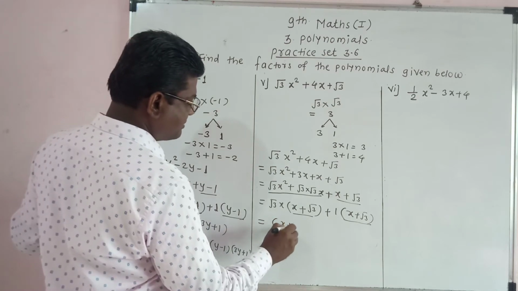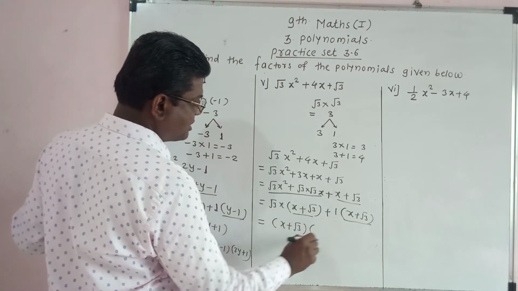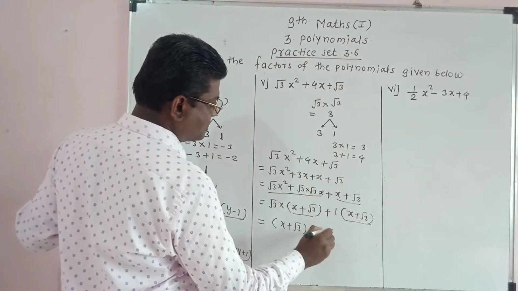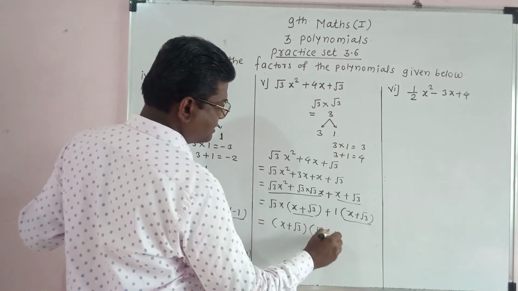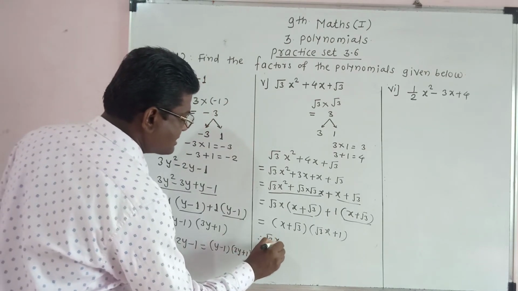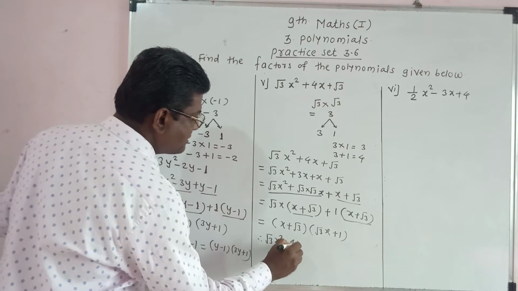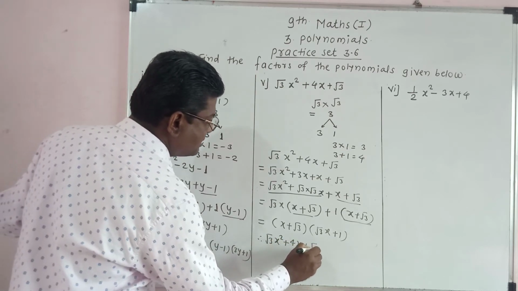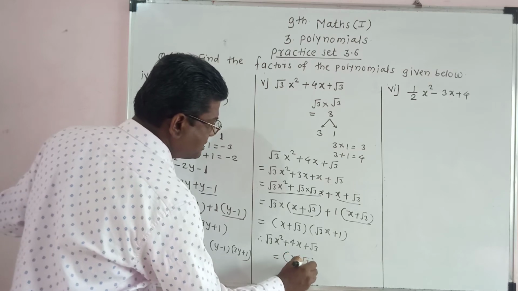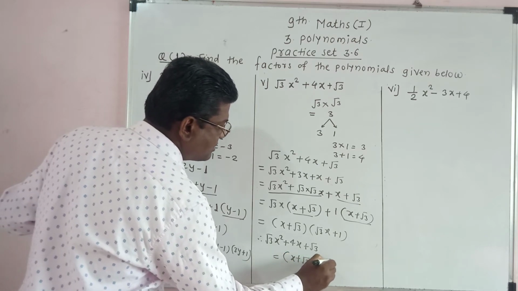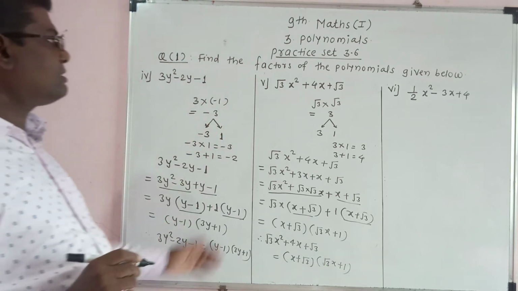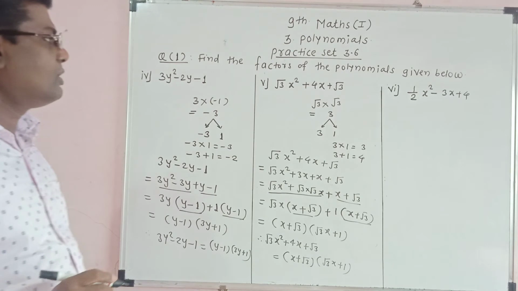So we write x + √3 at first, in another bracket √3x + 1. Therefore √3x² + 4x + √3 is equal to, in the first bracket x + √3 and in the second bracket √3x + 1. So these are the factors of this quadratic polynomial.